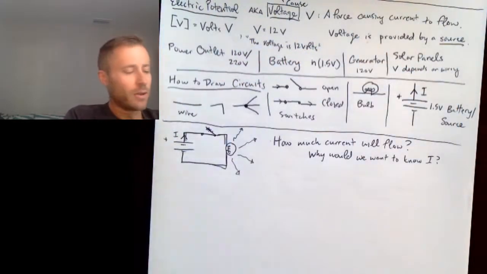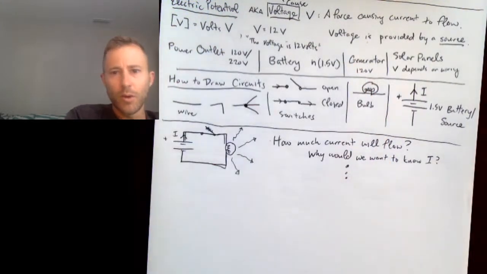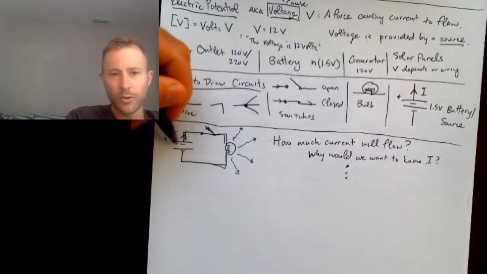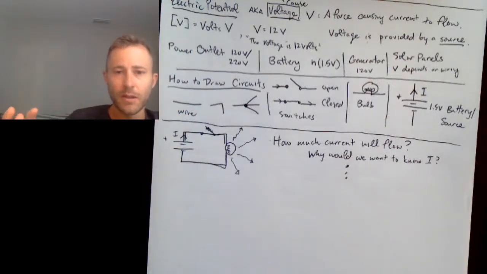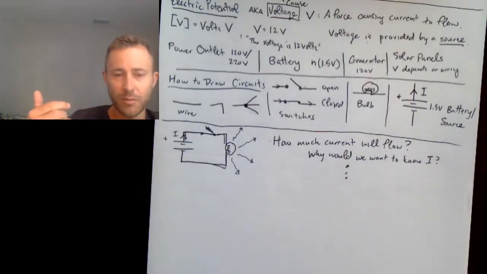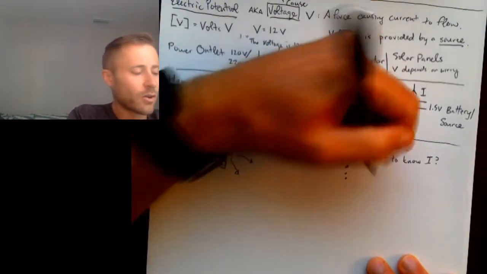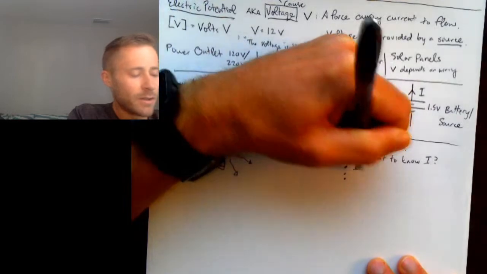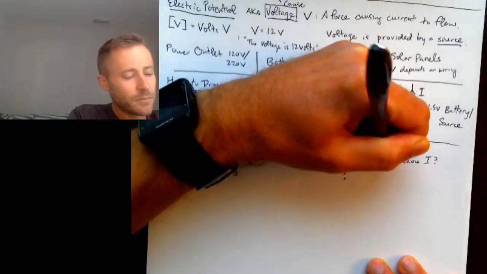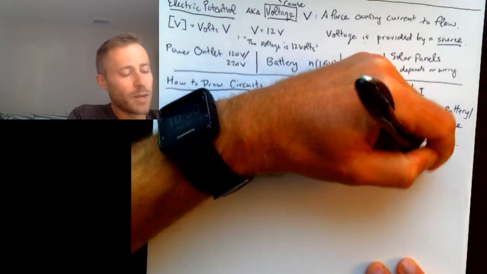Okay, so I can think of 3 reasons off the top of my head. One reason is that if this source of voltage is representing a battery, then the amount of current that's being asked for is determining how quickly that chemical reaction is happening inside the battery, which is telling you how long the battery will last for, okay? So current is related to how long the battery will last.